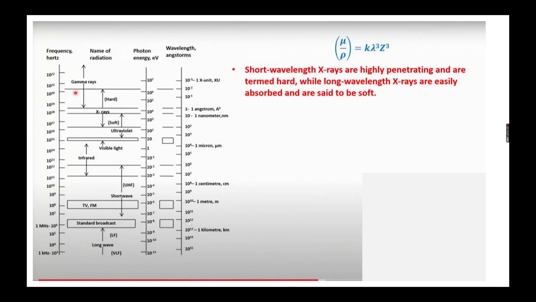And here, for short wavelength, the wavelength is decreasing but the energy is increasing. So obviously, when the wavelength of the X-rays decreases, the energy increases. That leads to high penetration, and this is termed hard. While longer wavelength X-rays are easy to absorb, and that is called soft.